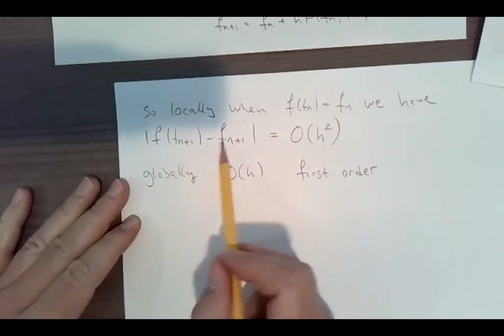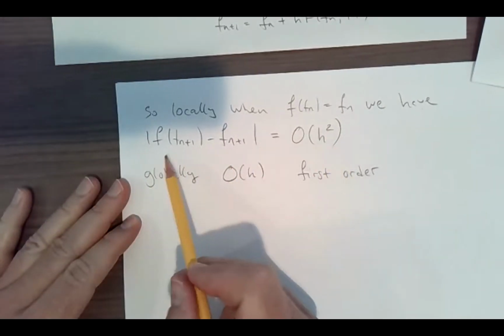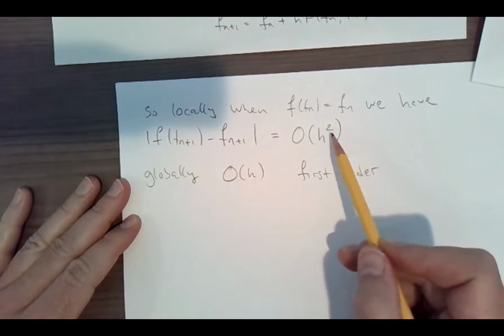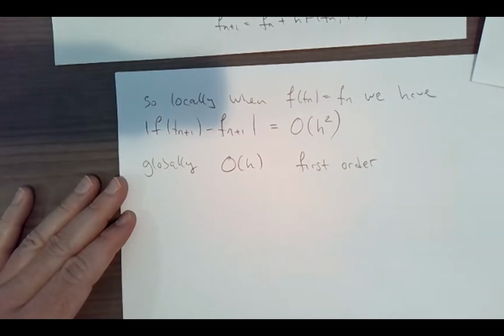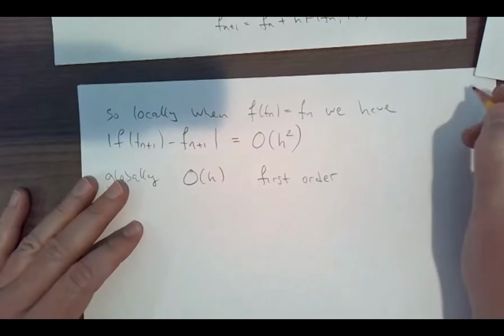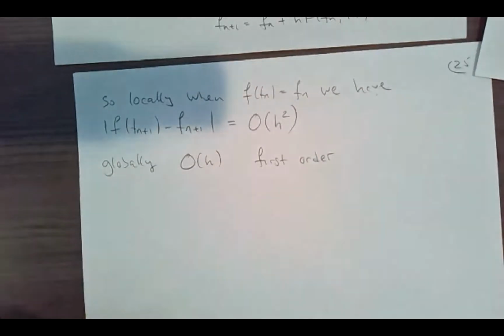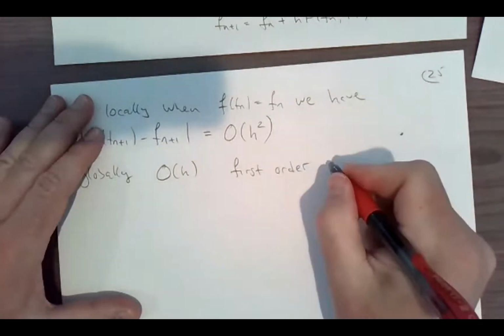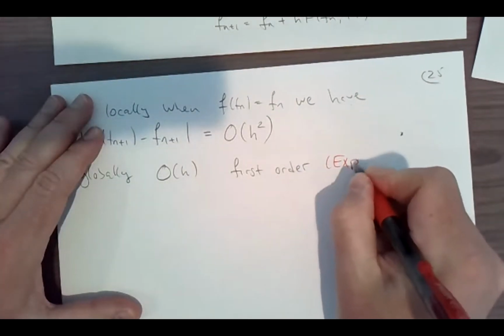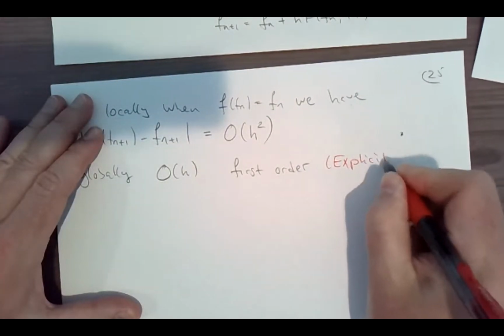Every time you move one step out, you're going to make this mistake. So how many times have you moved out? Then you'll go one down because you have to add them all up. This was the convergence for the explicit Euler.